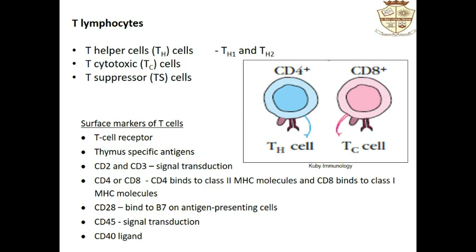Another subpopulation of T lymphocytes is known as the T suppressor cells, and they help to suppress the humoral and the cell mediated immune system.